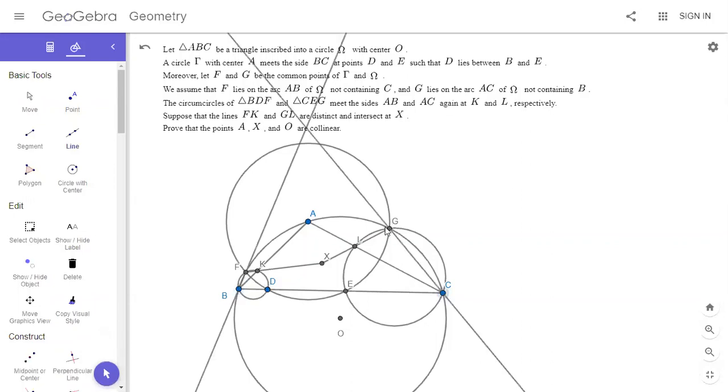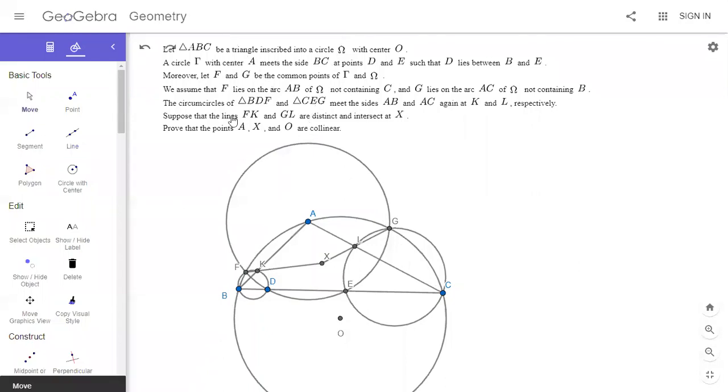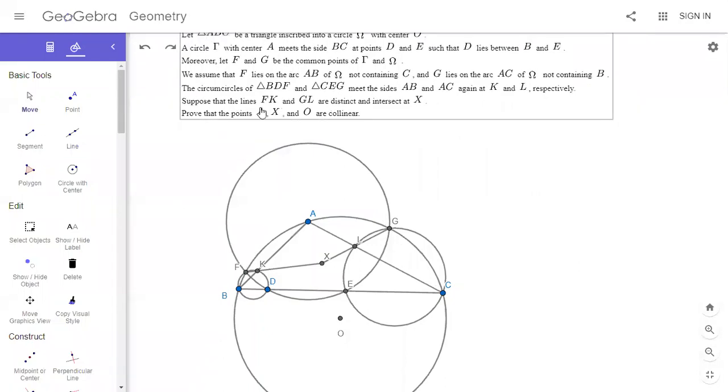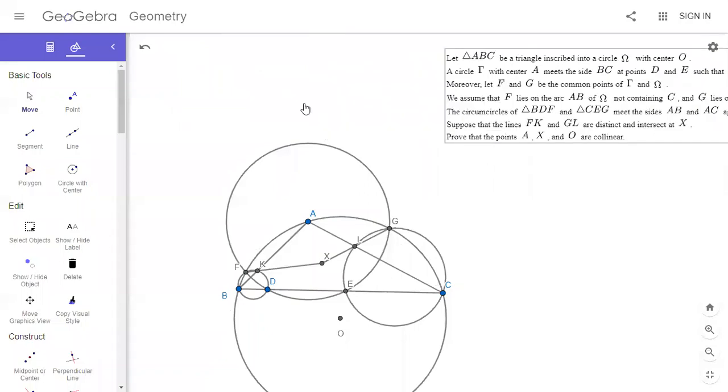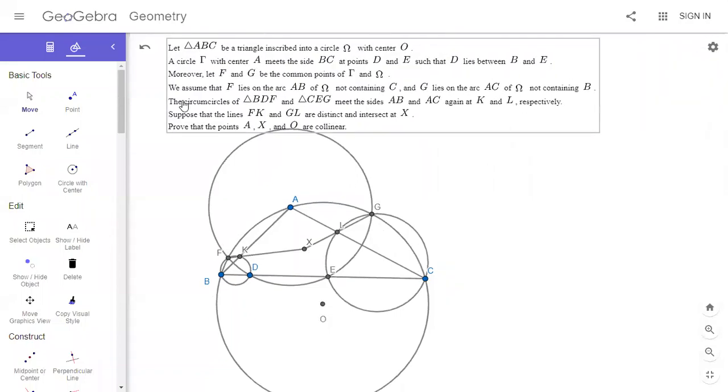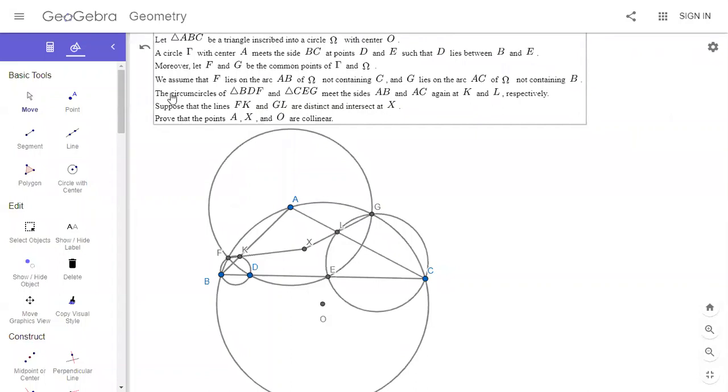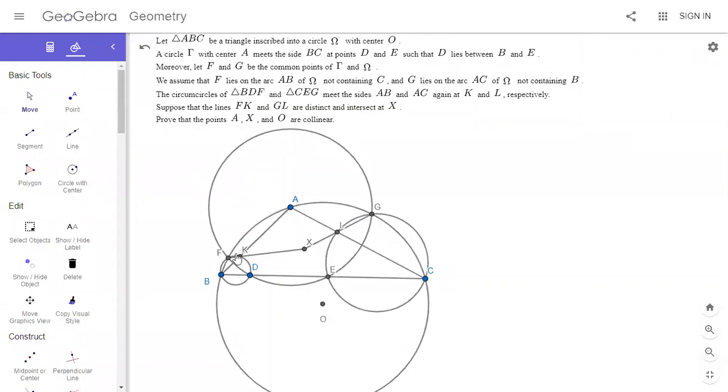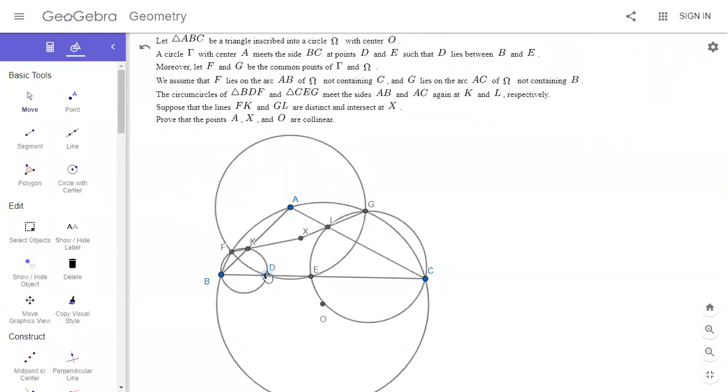Yeah, so this point would lie on the radical axis of those 2. I'm just going to hide those for now. Let me move, I'm trying to make some room. Put this as high as possible. There we go, that looks a little better.